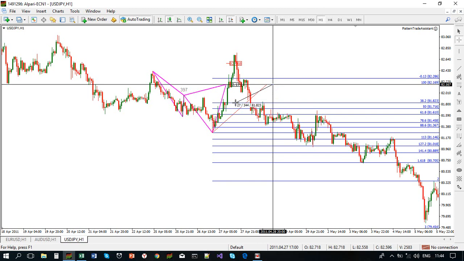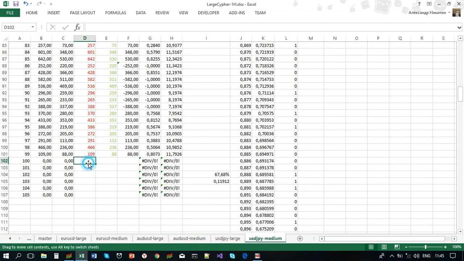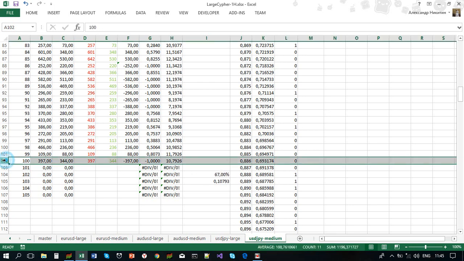Okay, so what is it? And it equals minus 39.7. Okay, good. So we have 67% probability out of 100 trades.